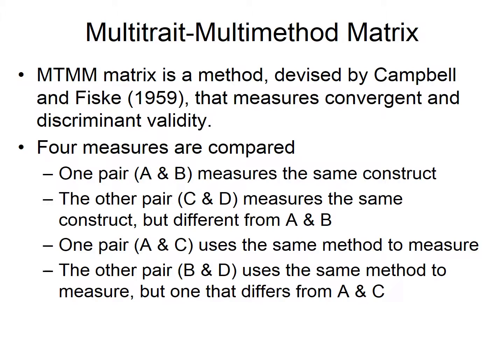So you're going to gather this information all from individual participants. So every participant in this study will fill out a self-report measure of depression, A, a self-report measure of anxiety, C, have a clinical psychologist rate their depression, B, and have a clinical psychologist rate their anxiety, D.